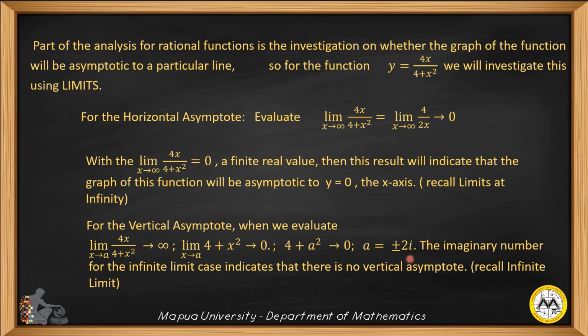Again, with this value an imaginary number, which we cannot illustrate using the Cartesian coordinate system, then we conclude that the graph of that function will not have any vertical asymptote.